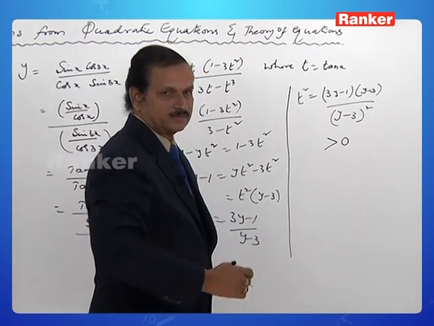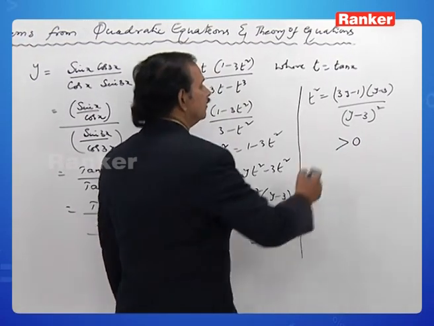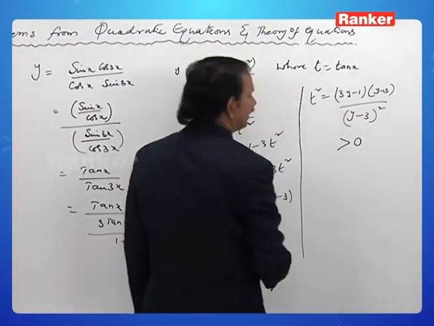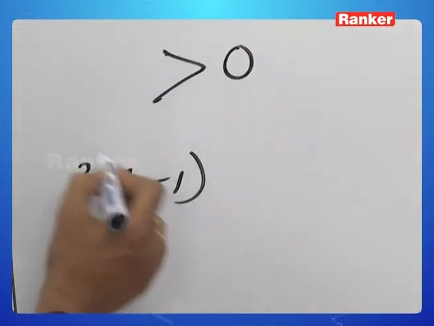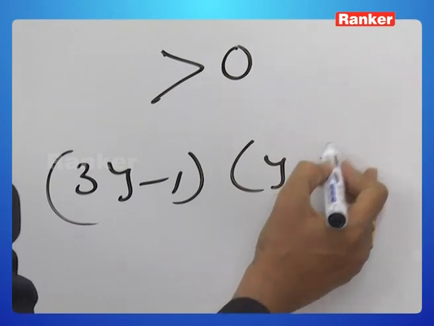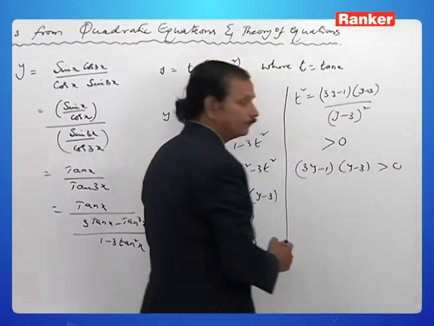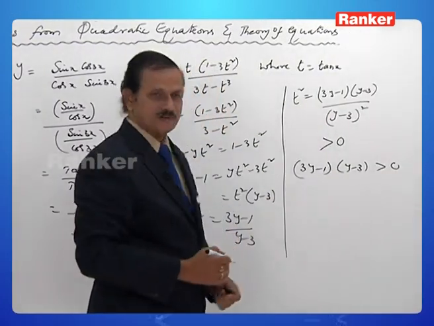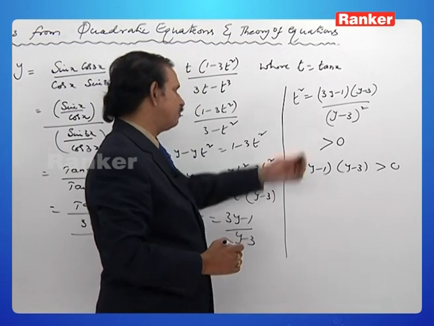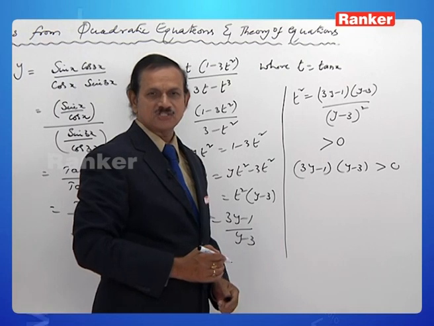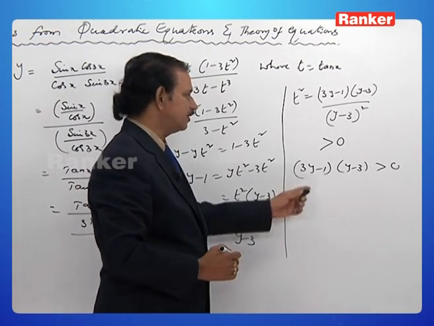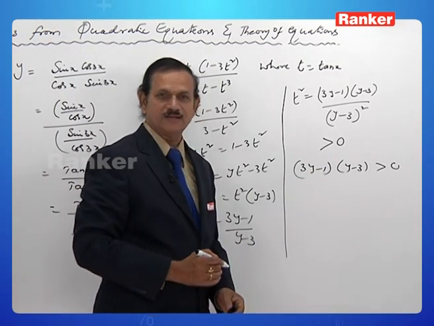By applying the sign convention, 3y minus 1 into y minus 3 is greater than 0. As the denominator is a perfect square, no doubt it is positive. Therefore, to make this true, numerator must also be positive. Therefore, 3y minus 1 into y minus 3 greater than 0.